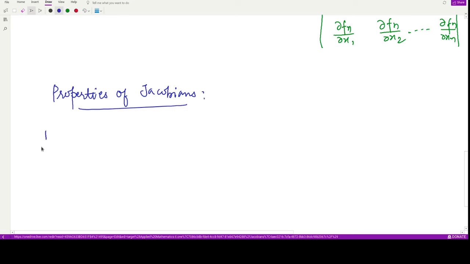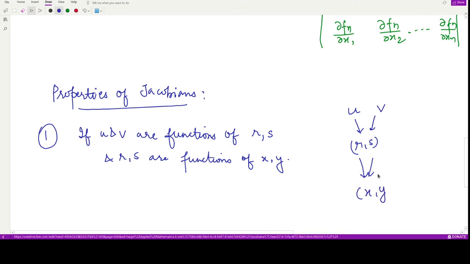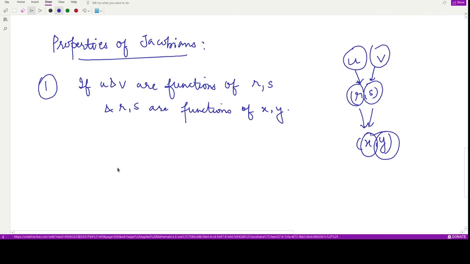The first property: if u and v are functions of r and s, and r and s are functions of x and y, it is a composite kind of function. u and v depend upon r and s, and r and s depend upon x and y. Here you have two variables at each level. In this case, how can you calculate the Jacobian?